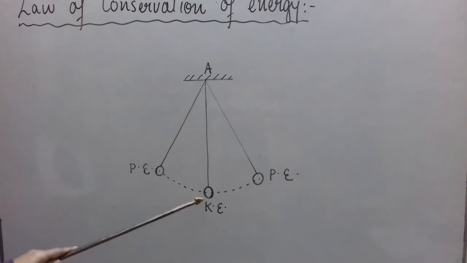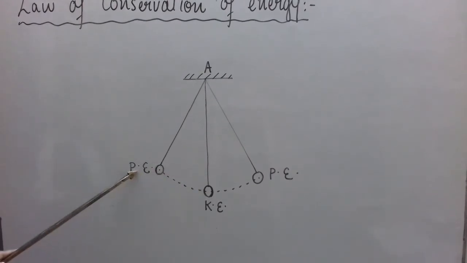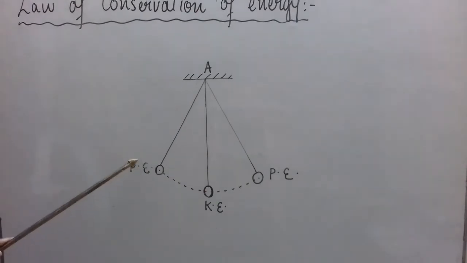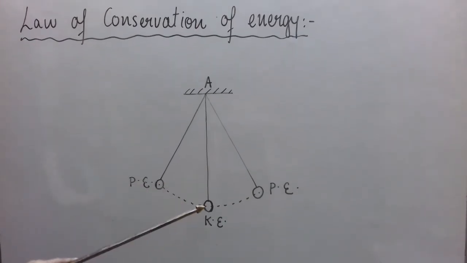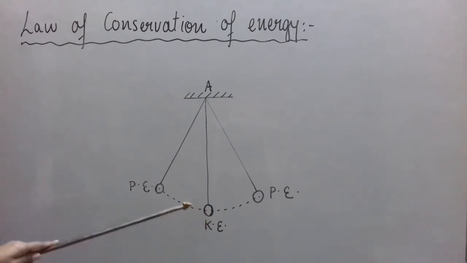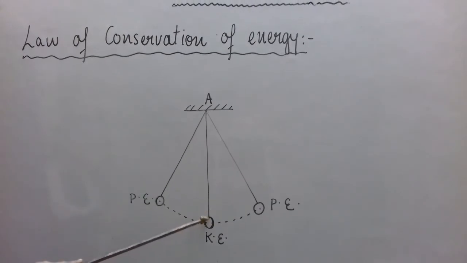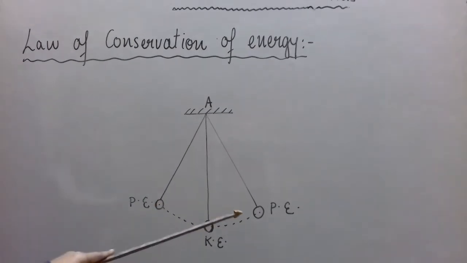And when the bob reaches here at its mean position again, then all the potential energy, it means all the work that I have done, now gets converted into kinetic energy. But due to inertia, it overshoots this position, goes on the other side and reaches the same height on the other side.